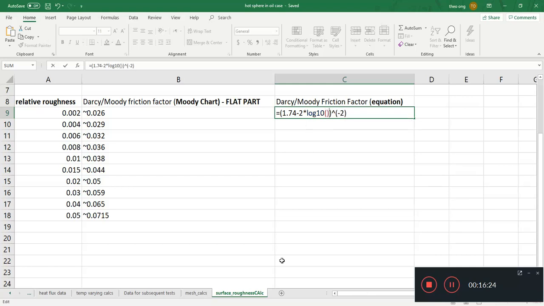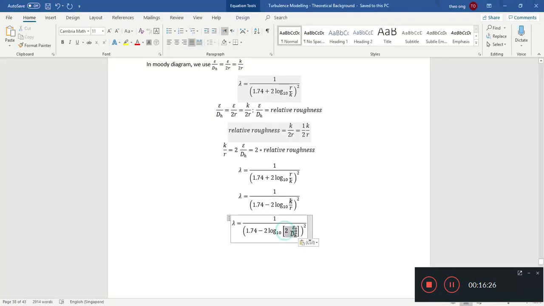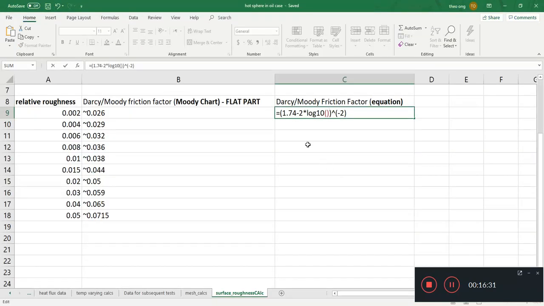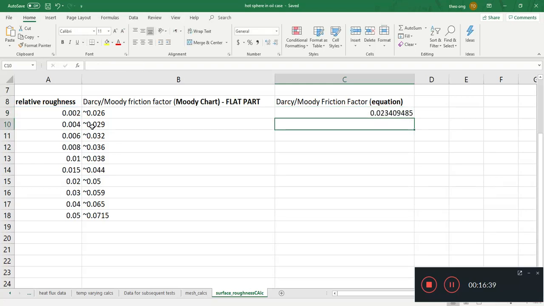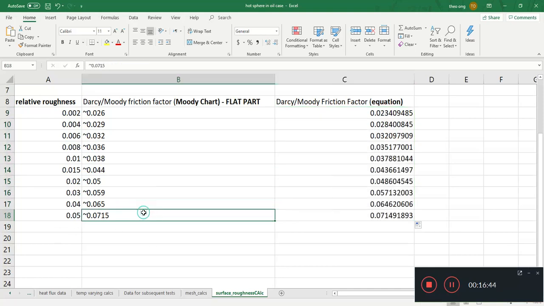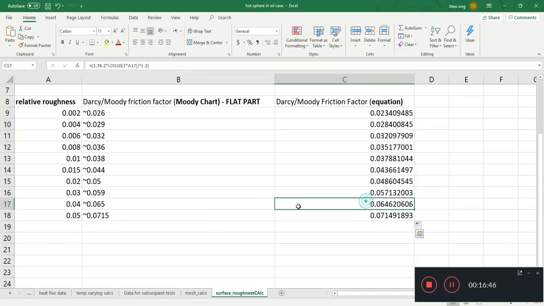Now bracket, something else inside: 2 times the relative roughness, which is here. Okay, so it's pretty close, and I can just drag it down all the way. You can see that the readings are pretty close.